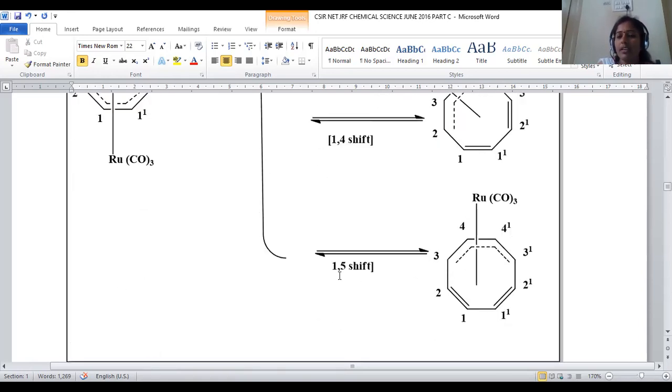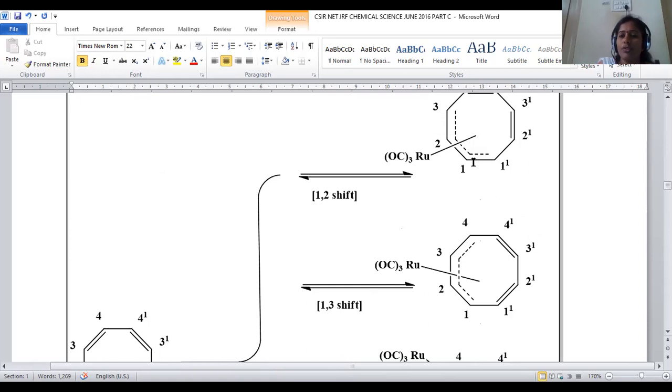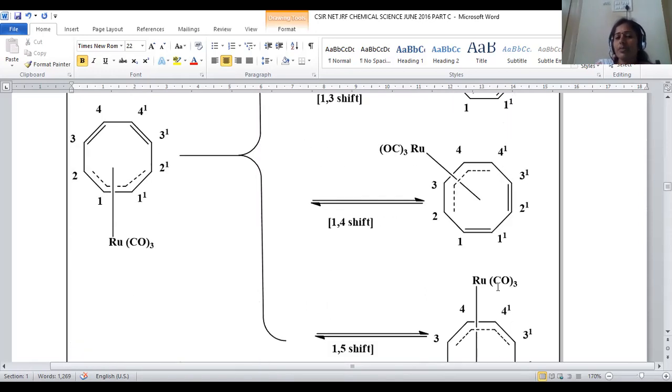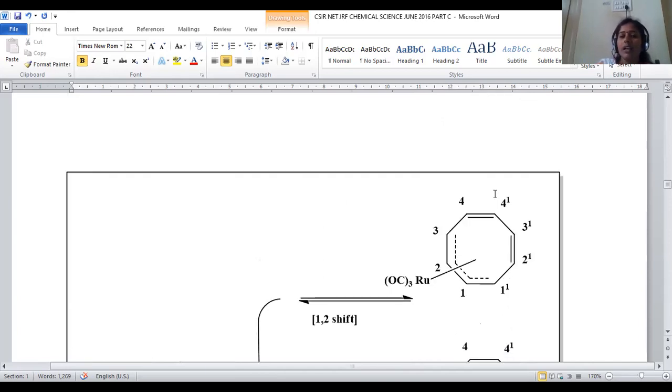In a similar manner, 1-4 will be there, and even a 1-5 shift is also there, where we can find 3, 4, 4 dash, 3 dash electrons participating in bonding, and 1 to 1 prime, 2 prime bonds are free in nature. They are not participating in any bonding with the central metal. So in this manner, 4 kinds of shifts are possible, and 4 different arrangements are found. That's why each kind of arrangement contributes one kind of signal.